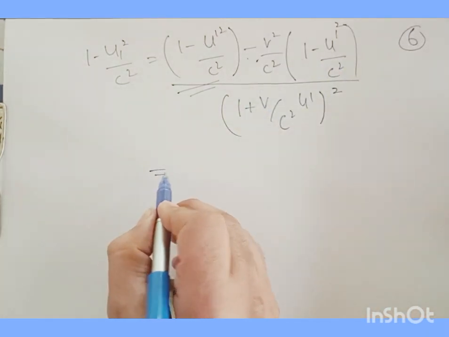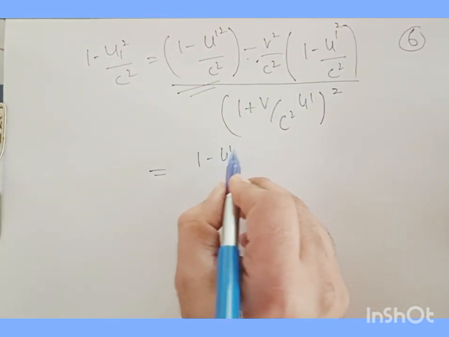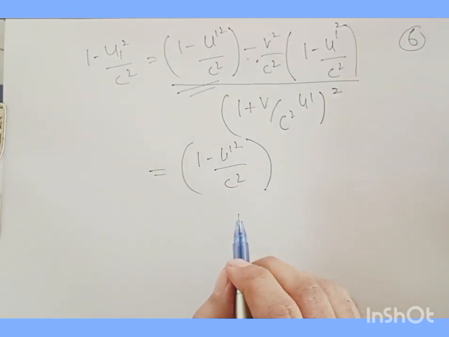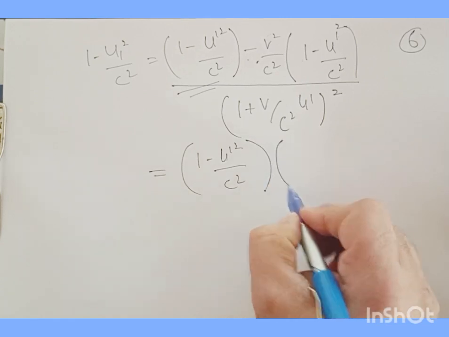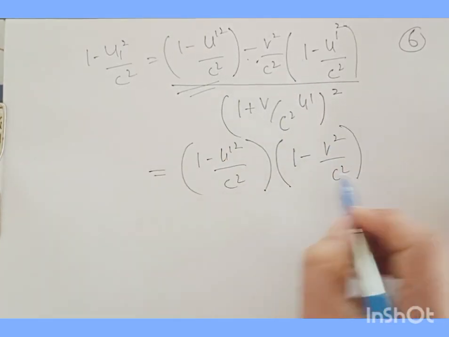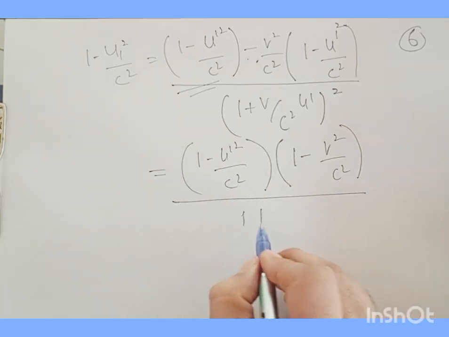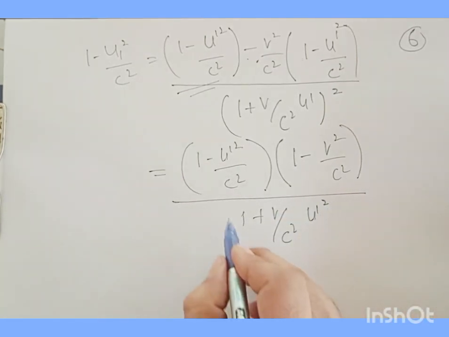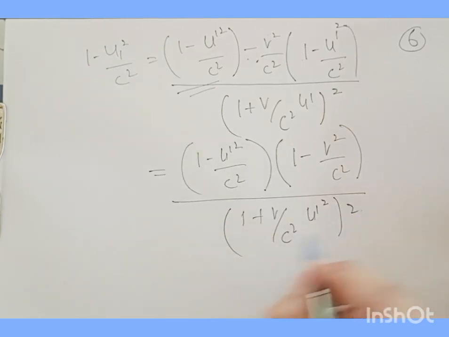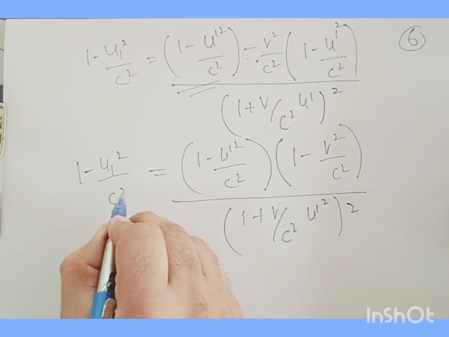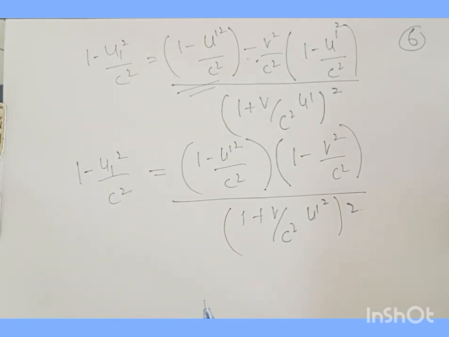So what I can write here is 1 minus u dash square by c square times 1 minus v square by c square. In the denominator it will be 1 plus v by c square u dash, whole square. And the left hand side is 1 minus u1 square by c square. So this is the equation we have right now.